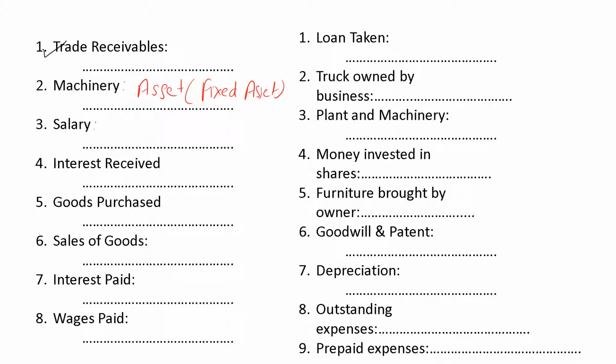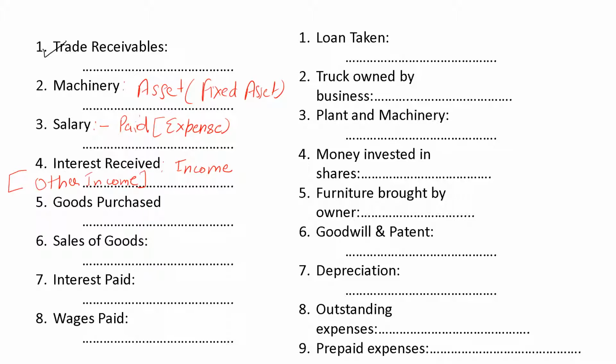Salary is paid to the employees of the business in return for their services, so it is an expense. And interest received is an income to the business, because interest received may not be the main business income, or we can say it may not be related to the operations of the business, so we will term this as other income.